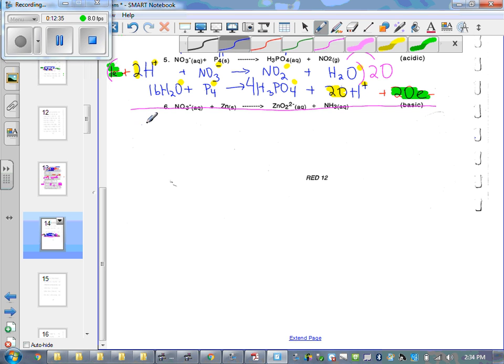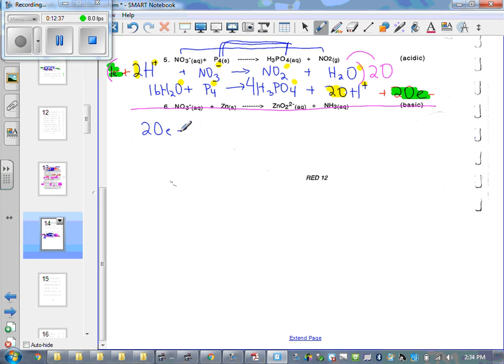So I've got 20 electrons, plus 40 protons, plus 20 nitrates, makes 20 NO2 gases, plus 20 waters. And underneath that, I'm going to stack the bottom one.